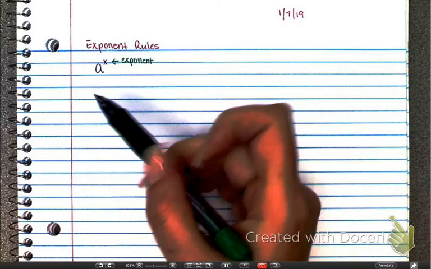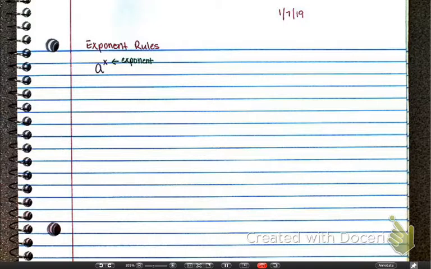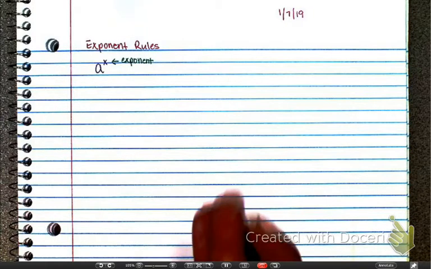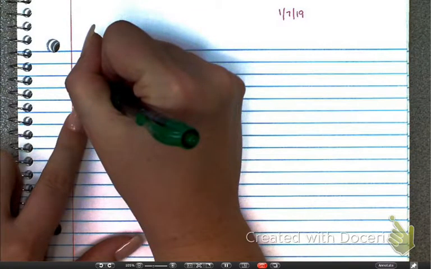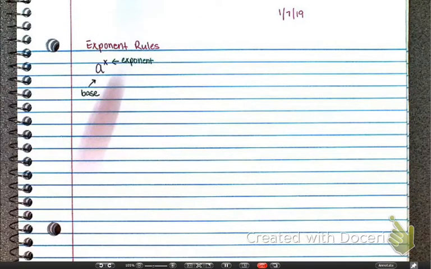Does anybody know what the a is called? It's a variable, yes, in this case, but I'm thinking of a general term for what that could be. Oh, that's okay. It's called the base. So you have a base and an exponent.